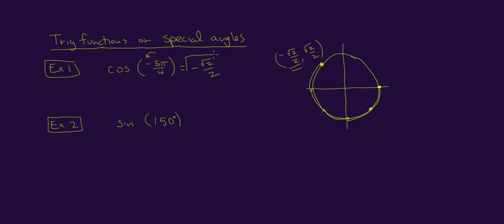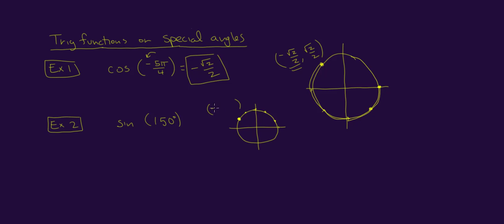Okay, let's try this again. Let's do an example where we're asking for sine of 150 degrees. So this time I did some degrees. Again, I like to use the unit circle almost religiously. You might know that 150 is a little bit short of 180, but for me I like to count by 30. So if I think about a 30-degree angle, I go 30, 60, 90, 120, 150, which means I'm ending right there.